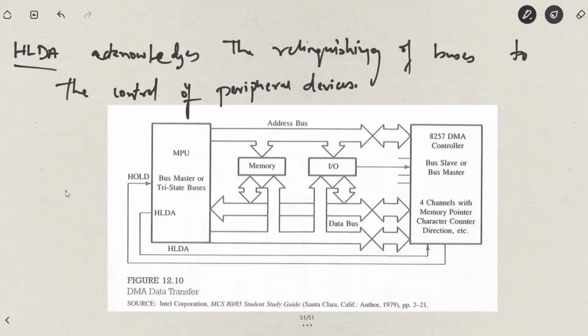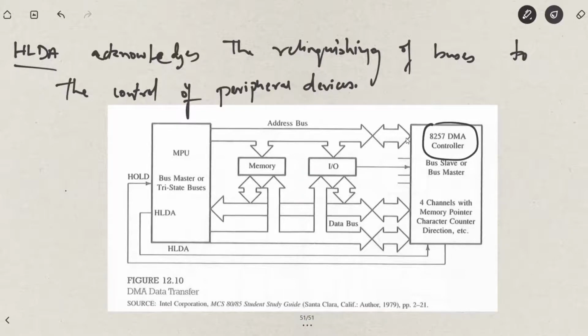This figure shows the use of DMA for data transfer. Normally a DMA controller is used for initiating the request with the microprocessor, sending the request through the HOLD pin, and then taking care of the control of the buses so that direct communication can be made with the memory.